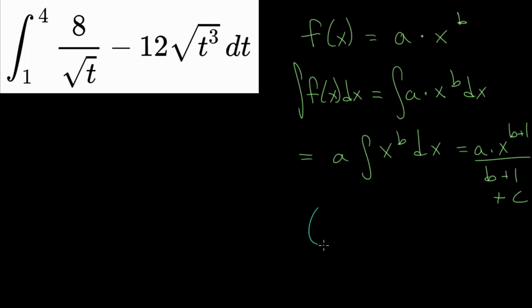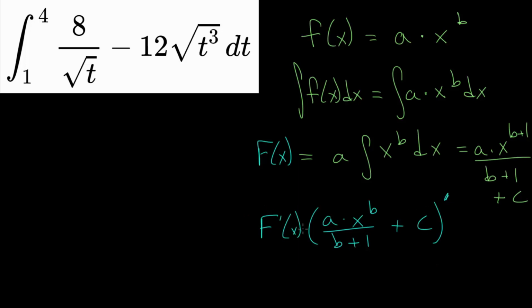So if we take this new function, which we can call capital F of x, and we differentiate it, we would also have that plus c, but when taking the derivative of a constant, that's just 0. We can call this capital F prime of x.